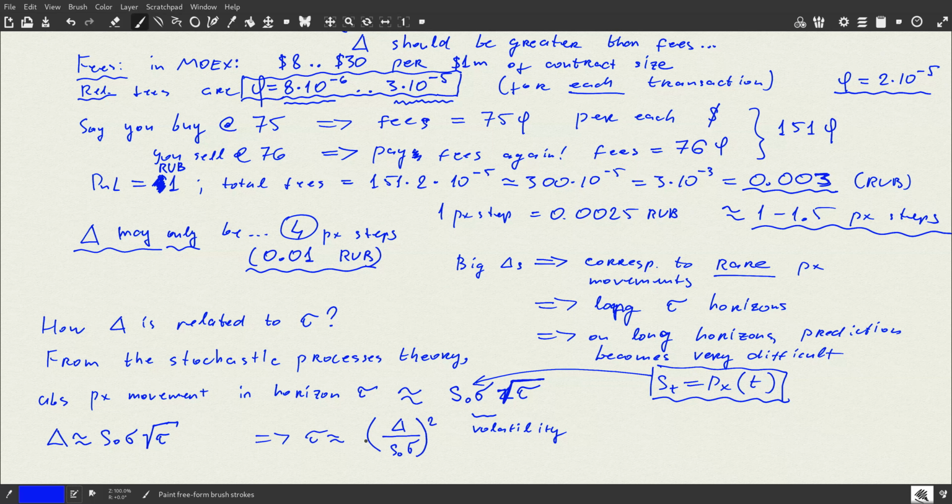So increasing delta would require us, and that's important, to increase the horizon of our price prediction as a square of delta. And that's undesirable. Increasing it as a square of delta would mean exceedingly long horizons, but that's what we don't want to do. So now we can say more quantitatively, when we say long-term horizons, we say proportional to delta squared.